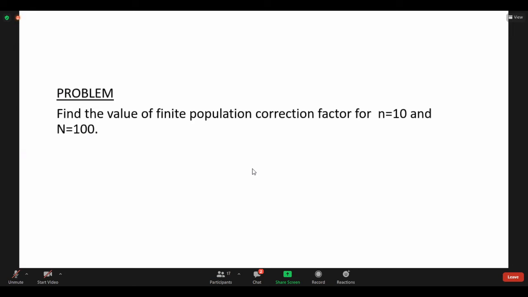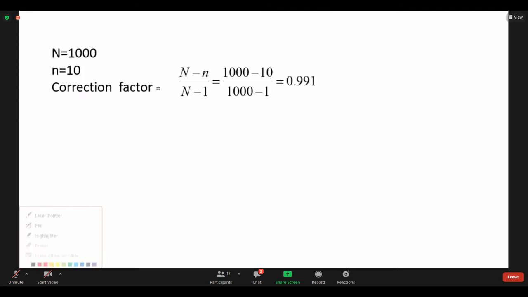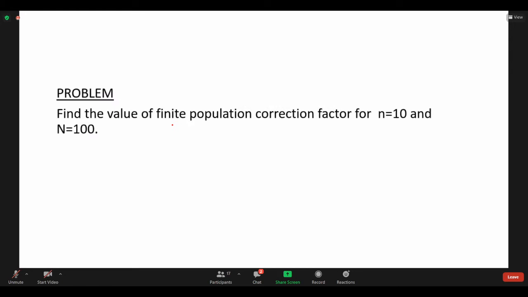The problem is: find the value of the finite population correction factor for small n equals 10 and capital N equals 100.